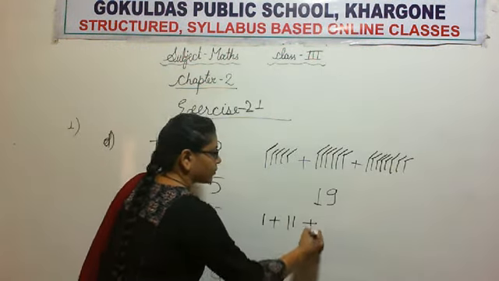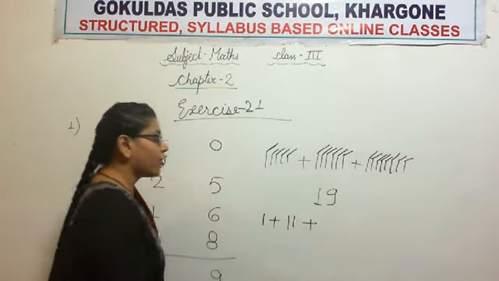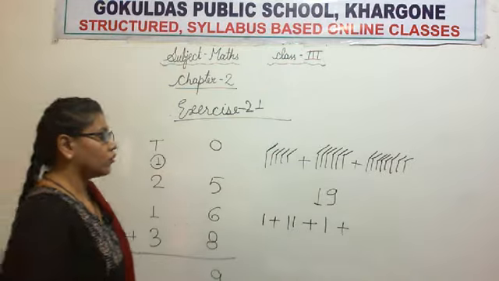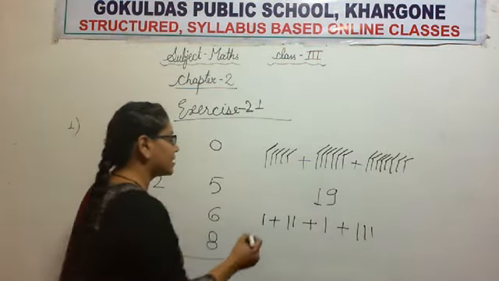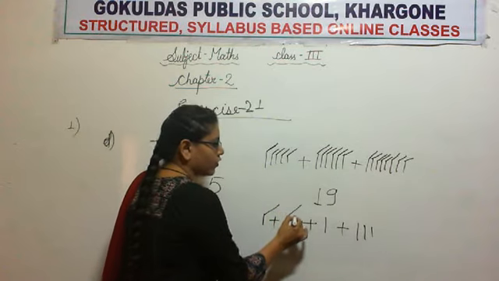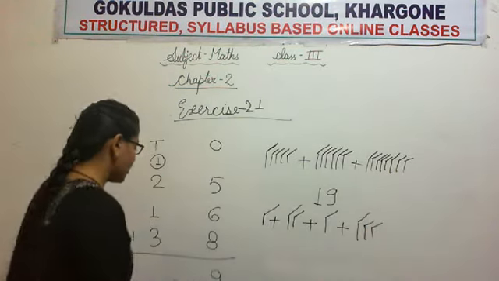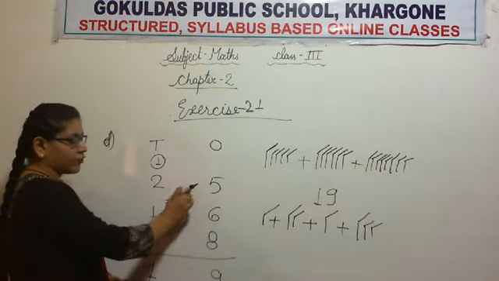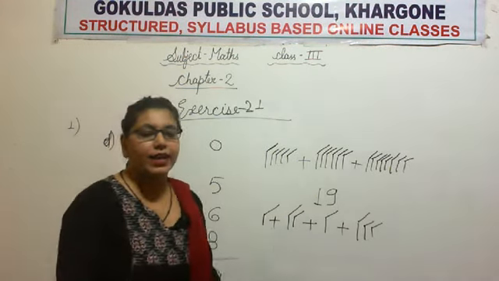The next number is 1. So we will draw 1 stick, and the last number is 3. So we will draw 1, 2 and 3 sticks. So let's count how many sticks are there. 1, 2, 3, 4, 5, 6 and 7. So our answer is 79. Whenever we will add 25, 16 and 38, our answer will be 79.